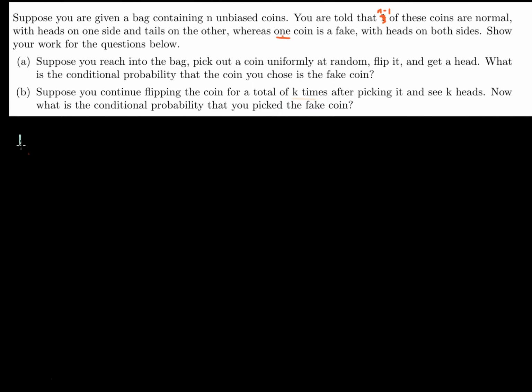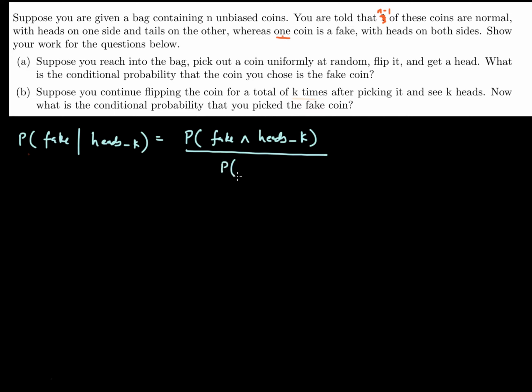So the probability of you having picked the fake coin, given that you have observed heads actually occurring k times, is equal to the joint probability distribution of fake happening and having observed heads k times, divided by the probability of heads happening k times.